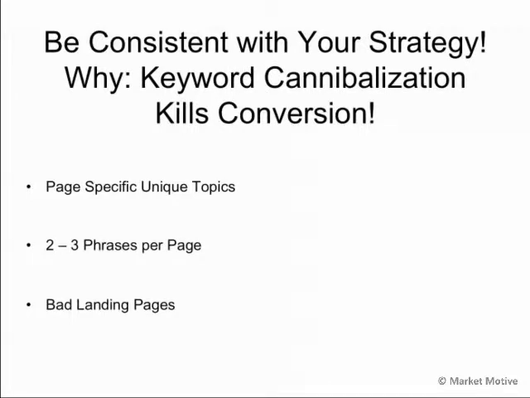Keyword cannibalization kills conversion. I appreciate the alliteration in this, but I'm going to say it again. Keyword cannibalization kills conversion. The reason is that if you have all these pages competing for the same phrases, the search engines are going to pick which one they want there. If you specifically target one page per specific keyword set, if you have page-specific unique concepts, you're organized properly, you're distributing link equity, and you're doing your external link building to deep pages of your site in the right manner, you won't end up with bad landing pages.